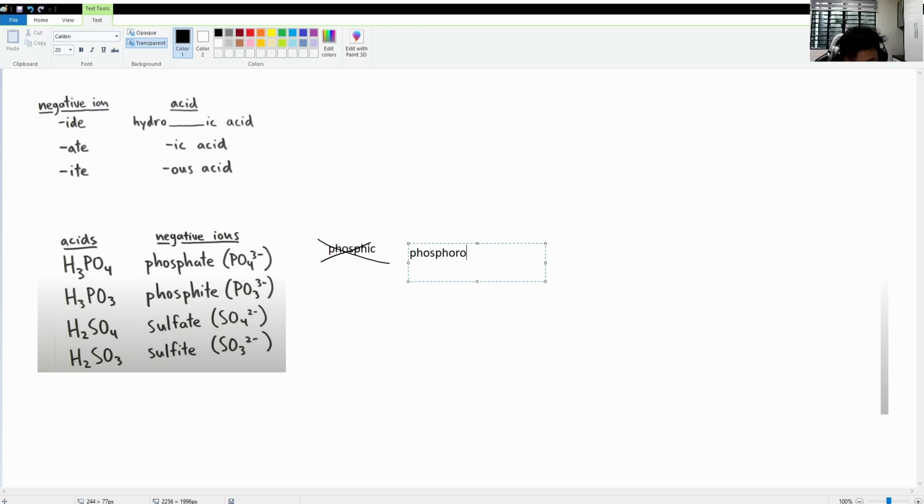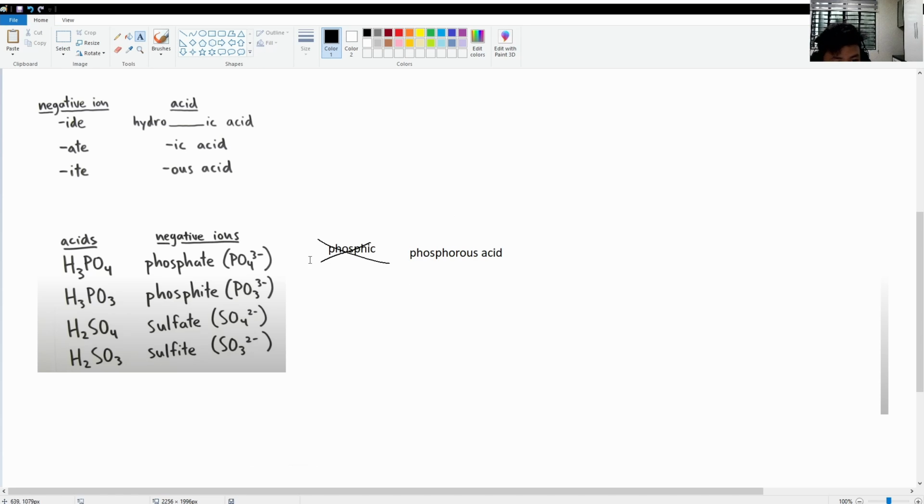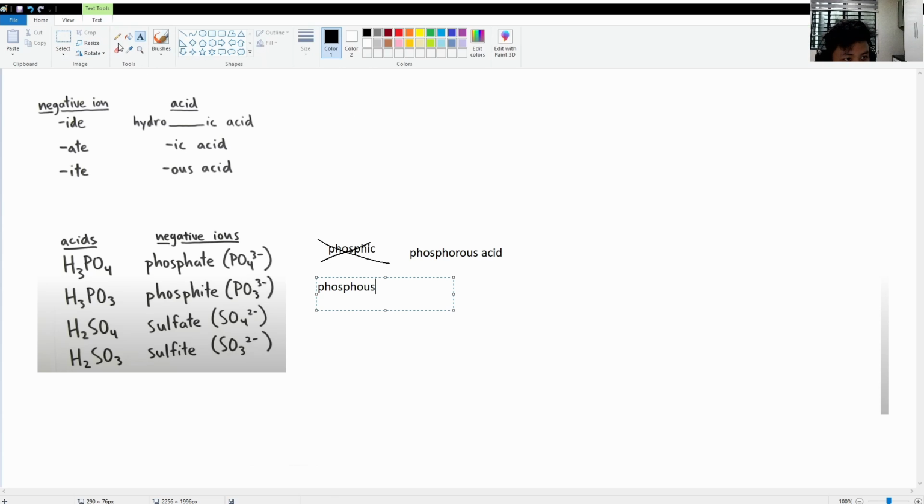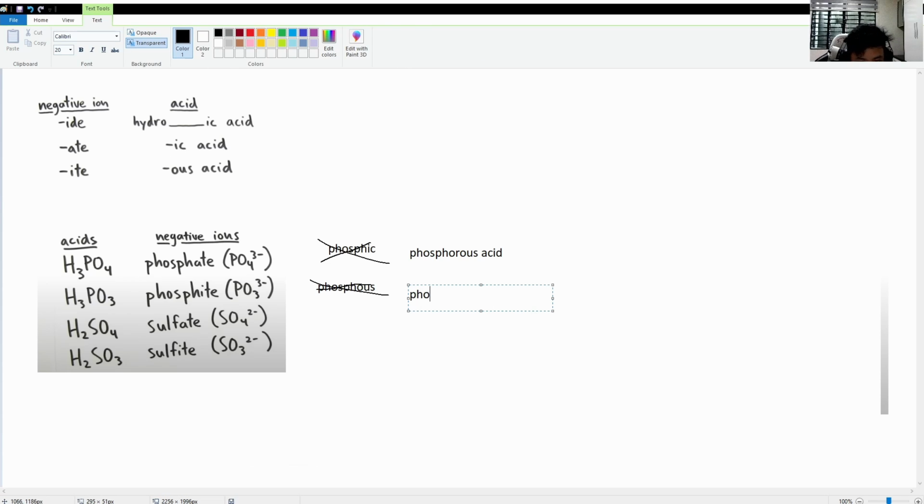If it is phosphate, you must add an OR before the IC. Same for phosphite. Logically it would be phosphous, but this is wrong, so it has to be phosphorous.